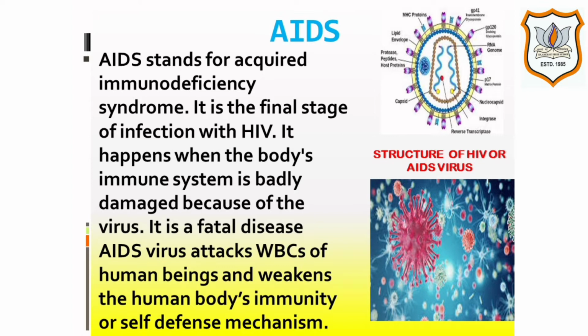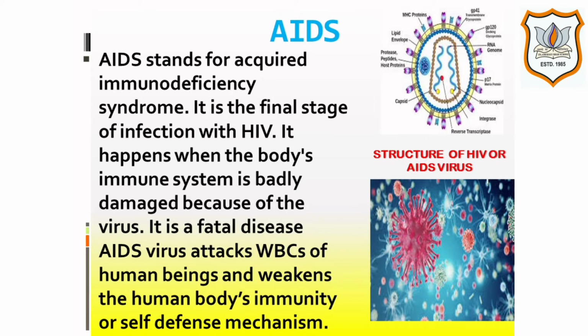The AIDS virus attacks white blood cells, that is WBCs or lymphocytes of human beings, and weakens the human immune system or self-defense mechanism. Since the AIDS virus reduces the natural immunity of the human body, the patient suffering from AIDS becomes prone to many other infectious diseases.